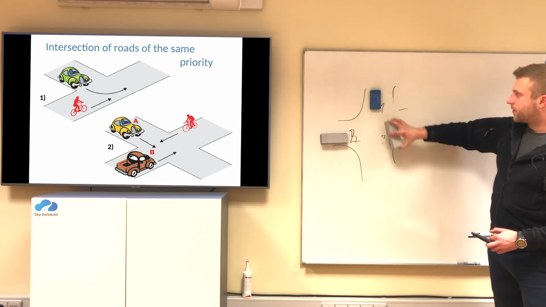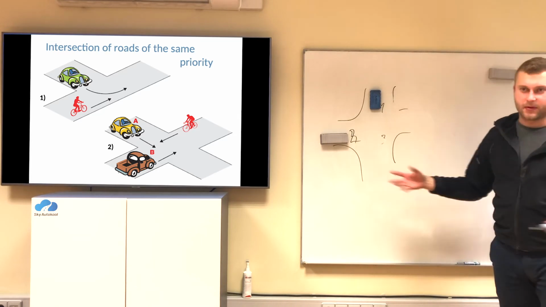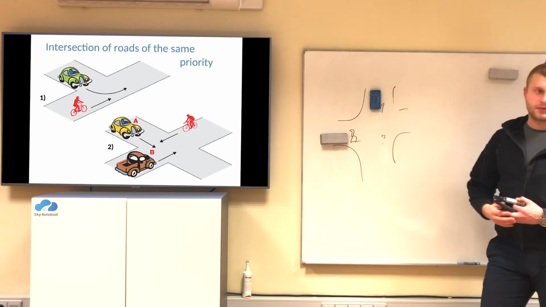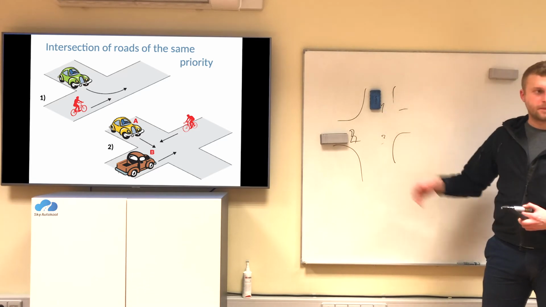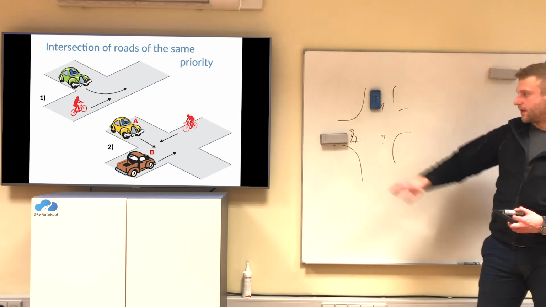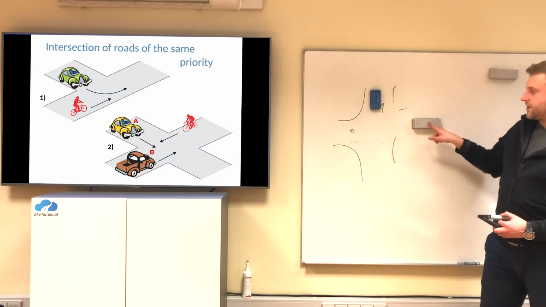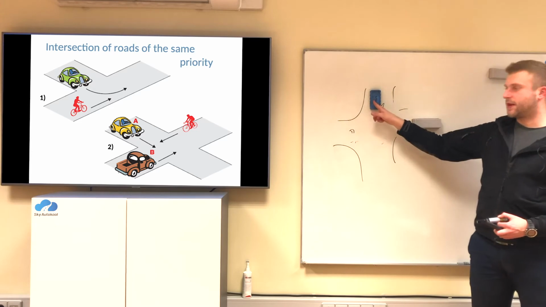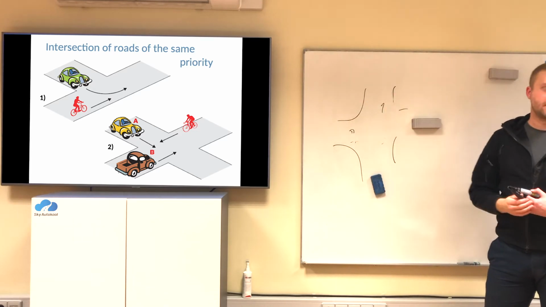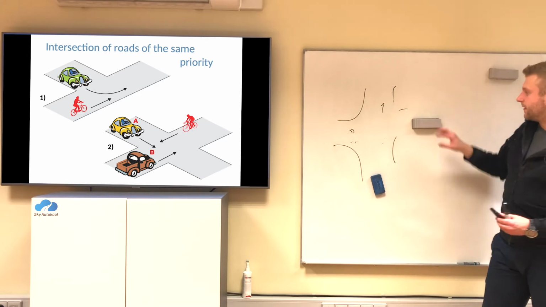So this car goes first. Then another situation. Who goes first here? Number 2, because this one was on the right-hand side of this one, and then it's the last. So the same there. You understand? Okay.